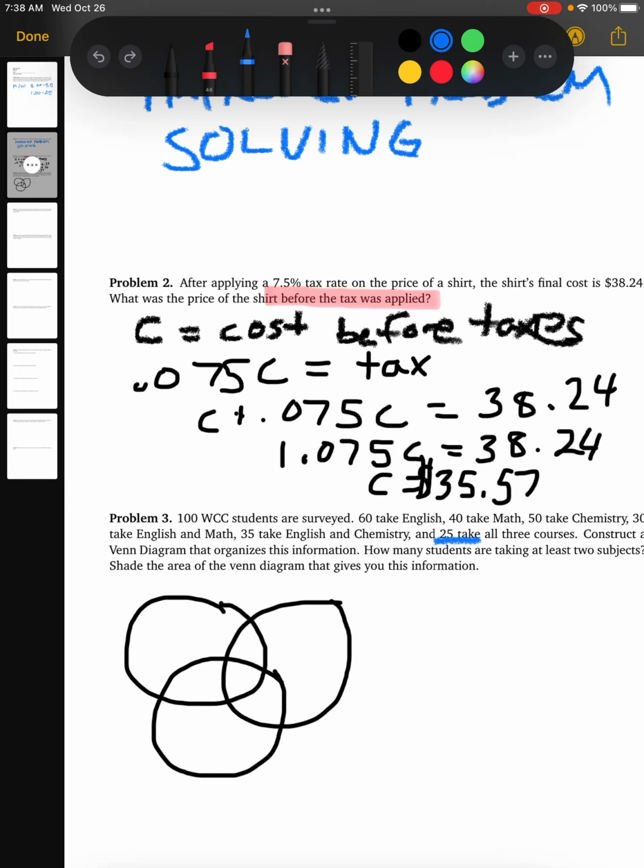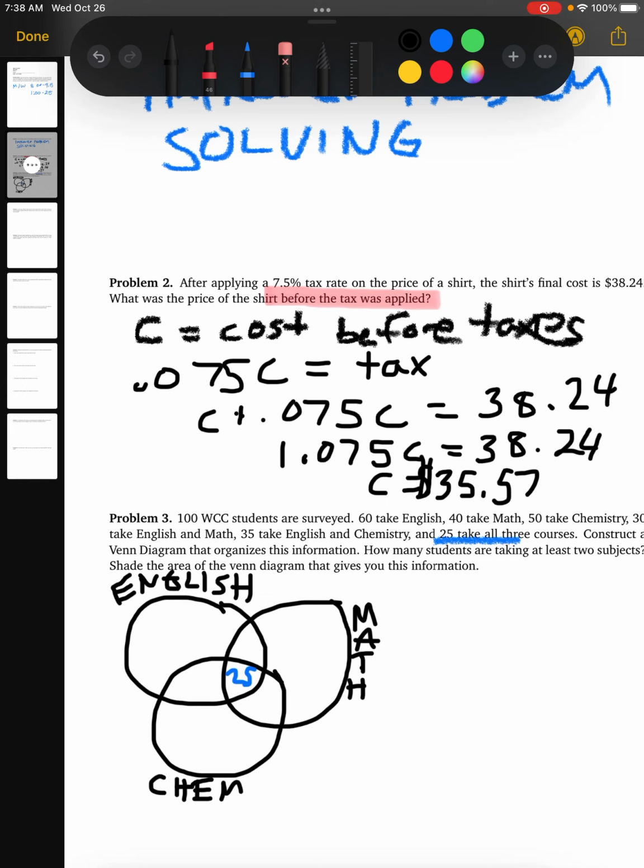So that's the first thing I'm going to fill in. I know that 25 will be in the middle. Let's go ahead and label these. Over here we have math, over here we have chem, and over here we have English. So 25 goes right there in the middle.